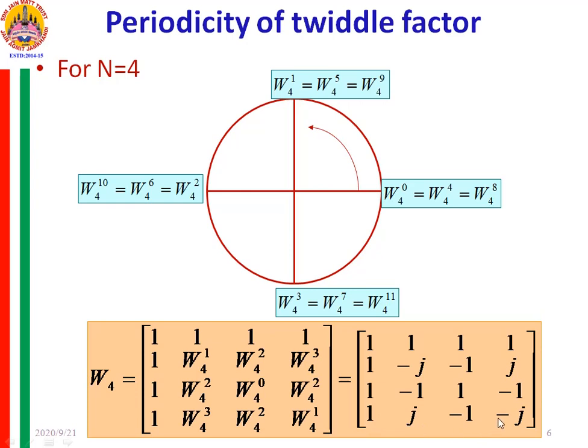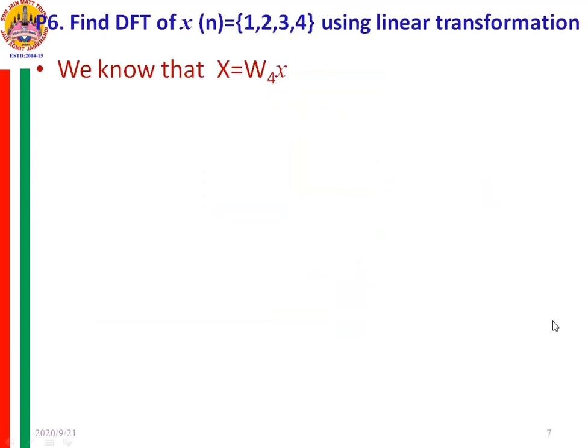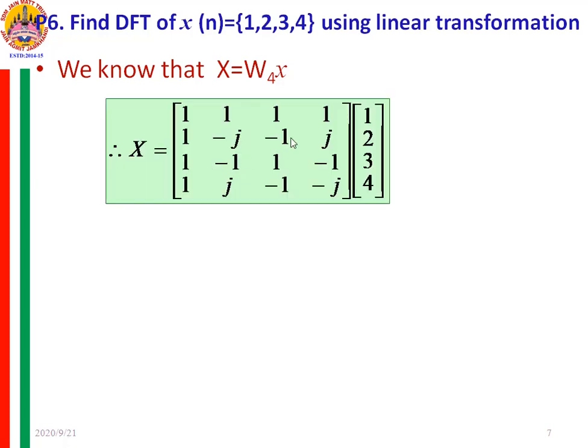Now how to use this to find the DFT? We know that capital X is equal to W4 times x. W4 is the 4 cross 4 matrix of twiddle factors, which we have just obtained. We are given x(n) as 1, 2, 3, 4, so let us write a column vector of x as 1, 2, 3, 4.